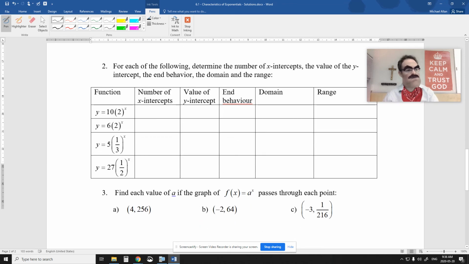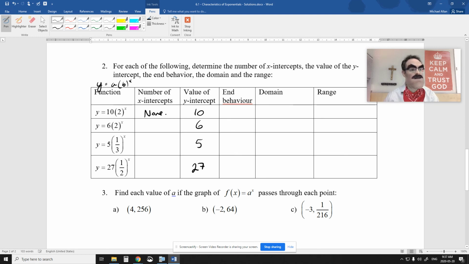So looking at the form, like we said before, if I have y is equal to a(b) to the power of x, the a is your y-intercept. So I can go through all these and say, oh, that's 10, that's 6, that's 5, and this is 27. It's pretty easy. I could say that the first two are growth graphs and the second two are decay graphs because of the b values.